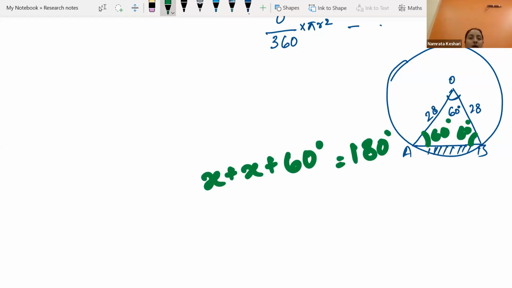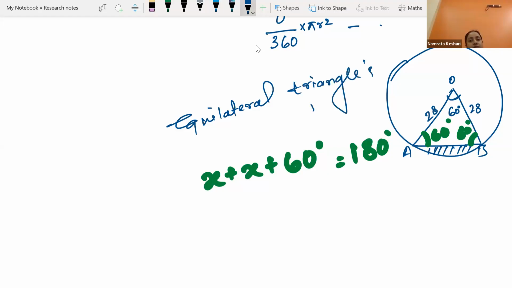And here finding the area is even simpler. For the area of an equilateral triangle, we know the ready-made formula. We know for an equilateral triangle the area is root 3 by 4 a squared, where a is the side. So one of the sides is 28, another side is 28, AB is also 28.